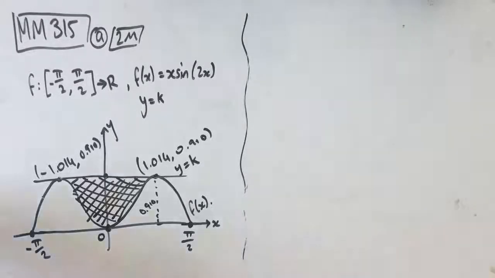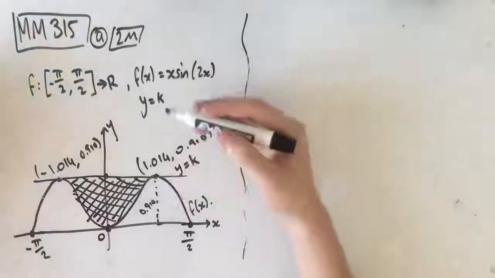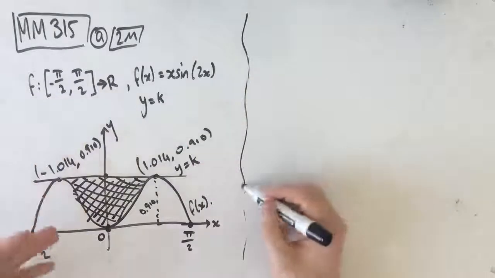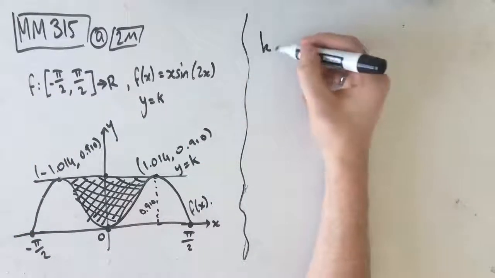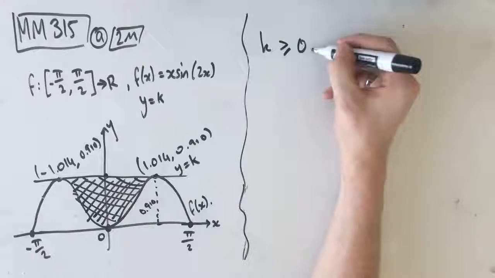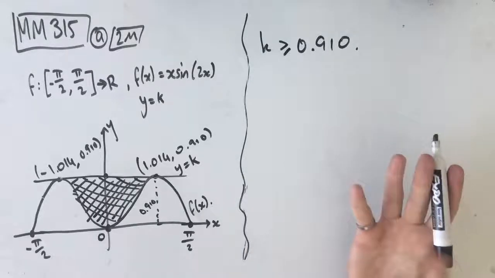So here and above, it's going to be less than or equal to 2 points of intersection, right? Because here we have 2, and then as soon as we move it up, we have 0, which is, of course, less than 2. So our first range is k is greater than or equal to 0.910, right? So that's our first thing.